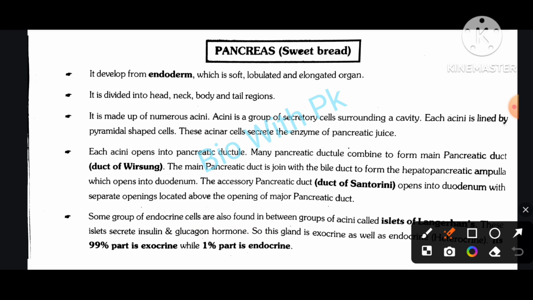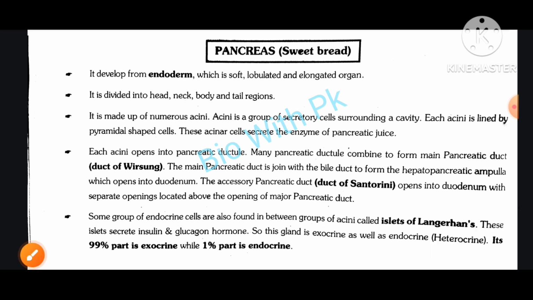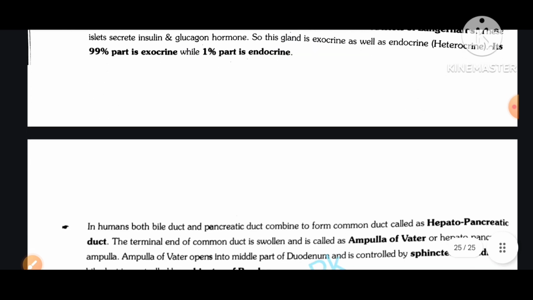Some groups of endocrine cells are also found in between groups of acini, called islets of Langerhans. These islets secrete insulin and glucagon hormones, so this gland is exocrine as well as endocrine. Heterocrine: its 99% part is exocrine while 1% part is endocrine.